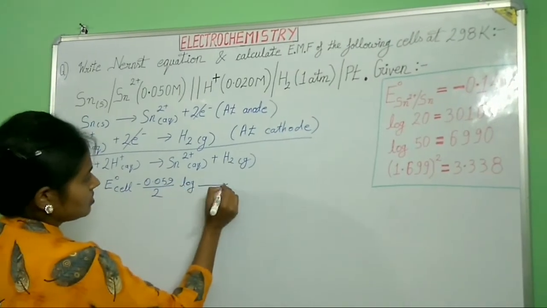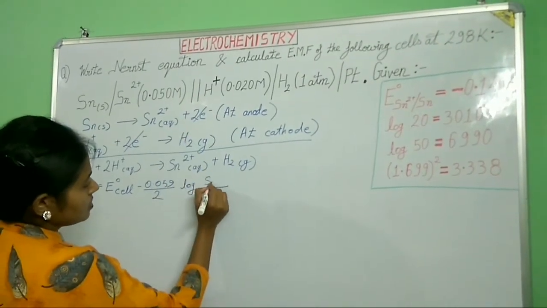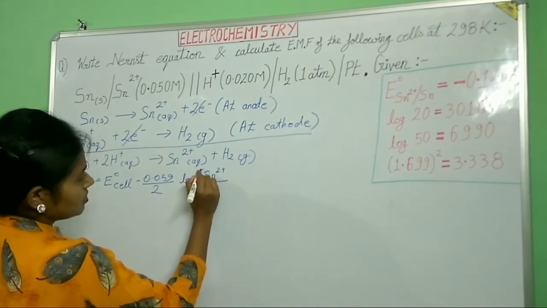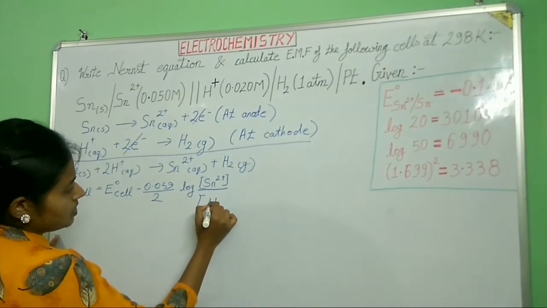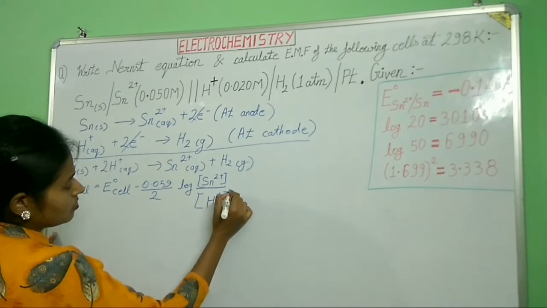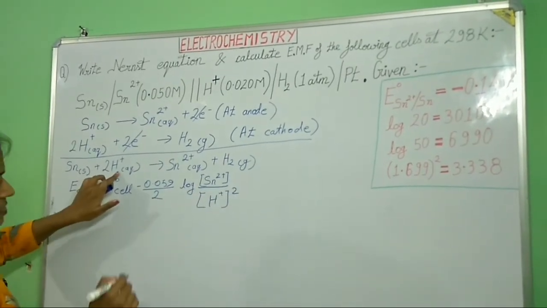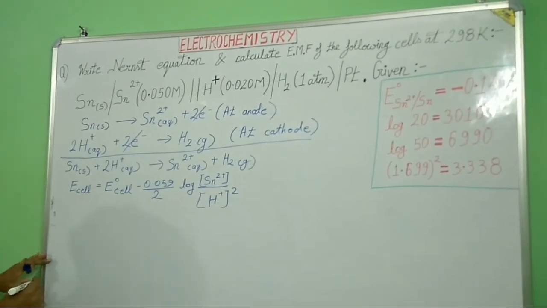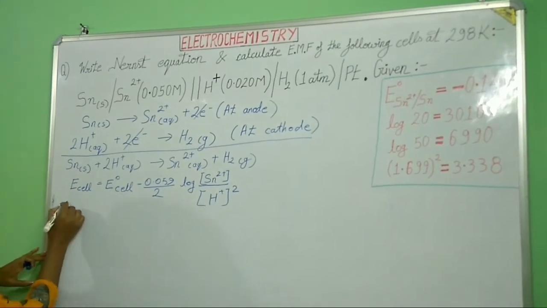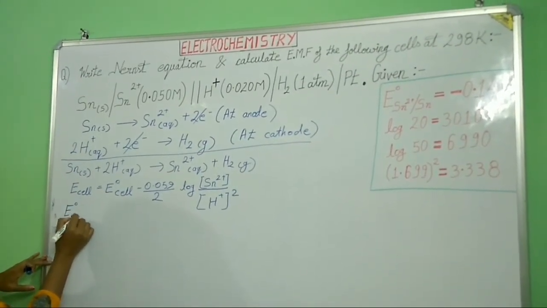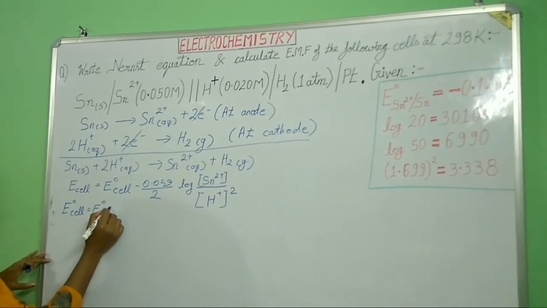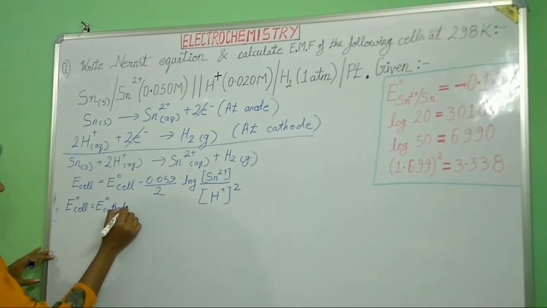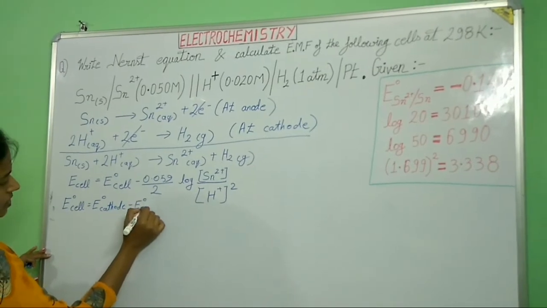So what is anode here? Anode is Sn2 plus, right? Concentration of Sn2 plus. And what is cathode? H plus and whole square, because 2 moles of H plus are involved. So now how to calculate E naught cell? As we all know, E naught cell is equal to E naught cathode minus E naught anode, right?